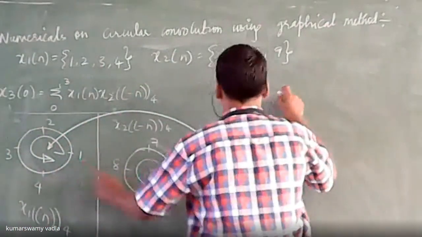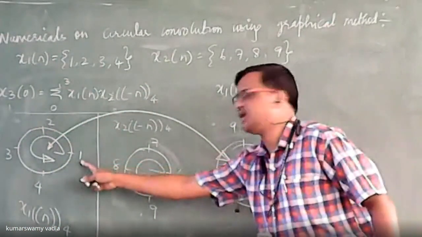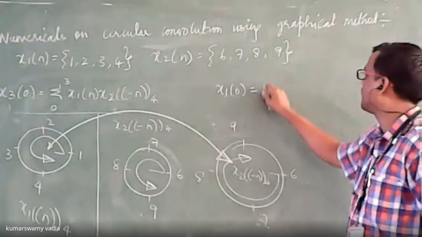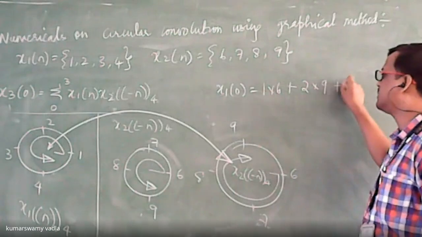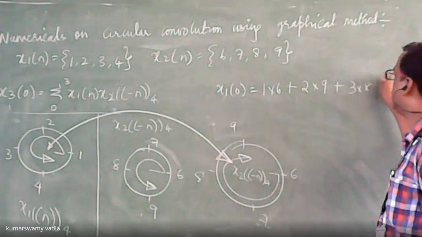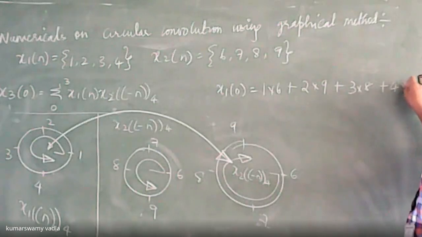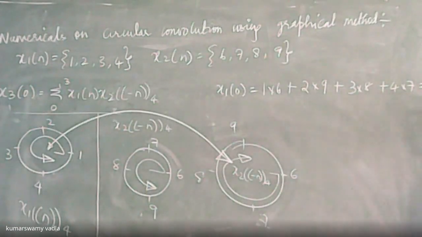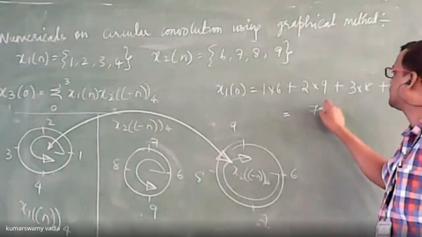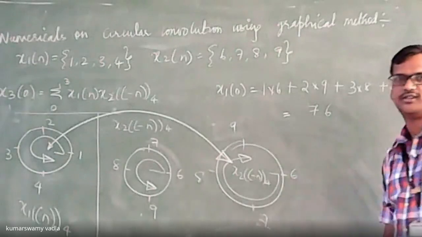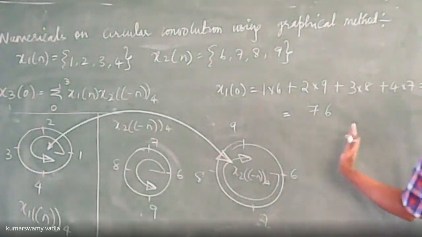So 1 into 6 plus 2 into 9 plus 3 into 8 plus 4 into 7. What is the answer, friends? 76. Is this clear for everyone?